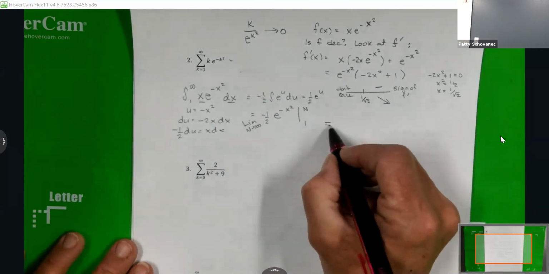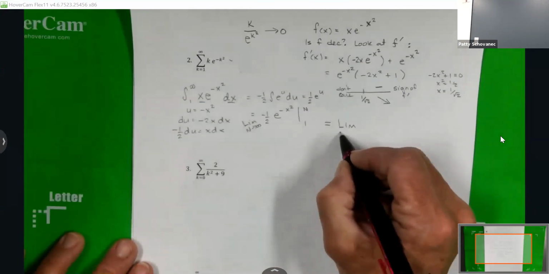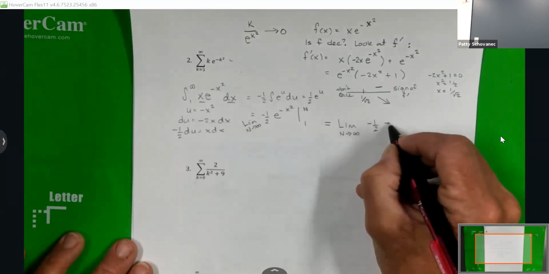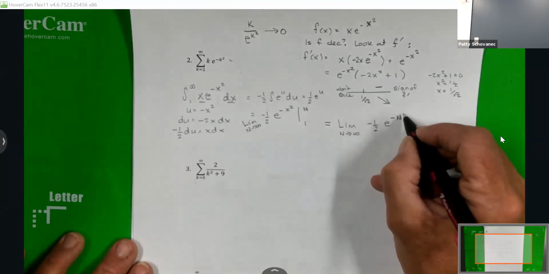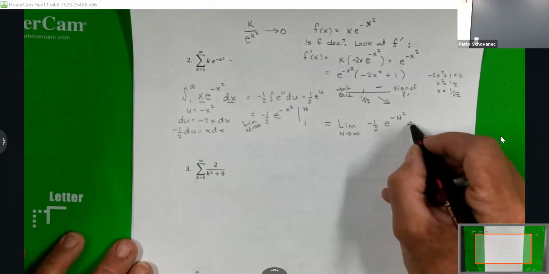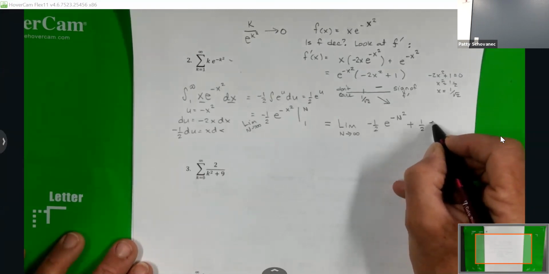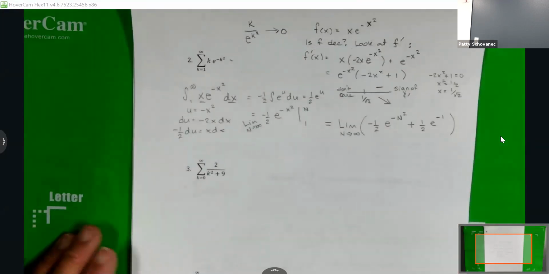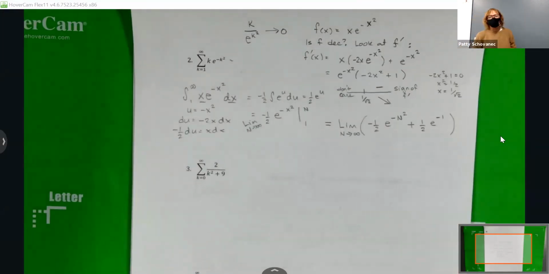And so the limit that we're evaluating: minus a minus gives me plus 1/2 e to the negative 1. E to the negative n squared is the same thing as 1 over e to the positive n squared.